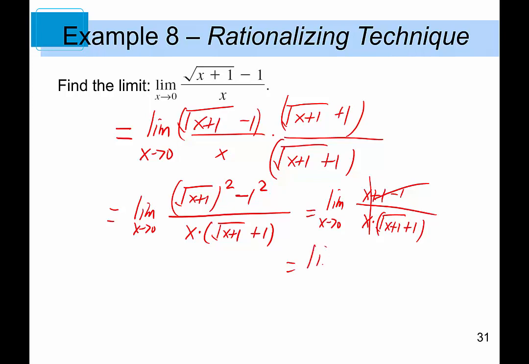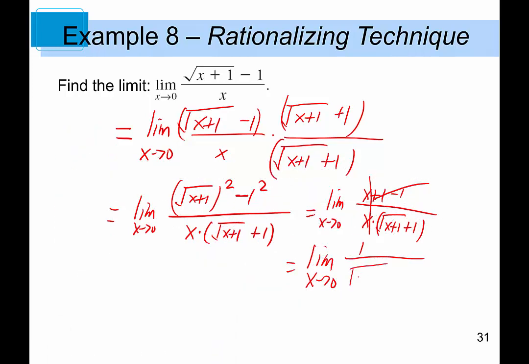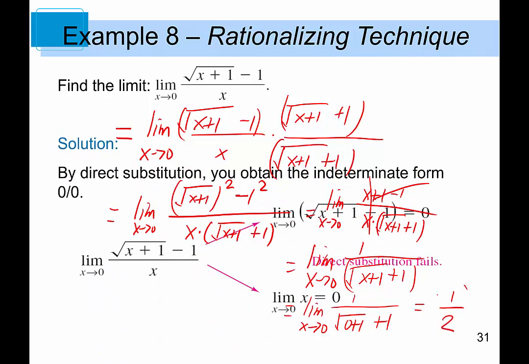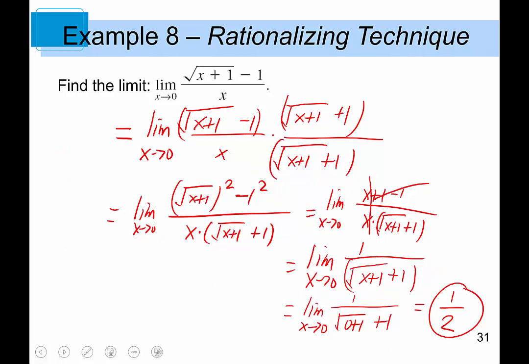Now we have the limit as x approaches 0 of 1 over the square root of x plus 1 plus 1, where the numerator becomes 1. After that, we can do the direct substitution and replace x with 0. So we get the radical of 0 plus 1, plus 1, which becomes 1 over 2. So it becomes half. So the limit in this particular case is half.